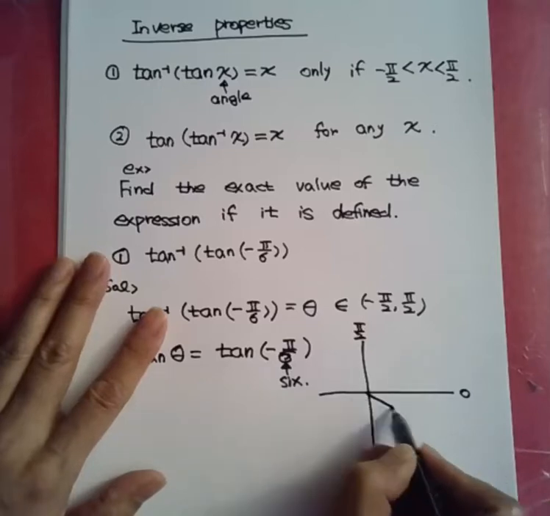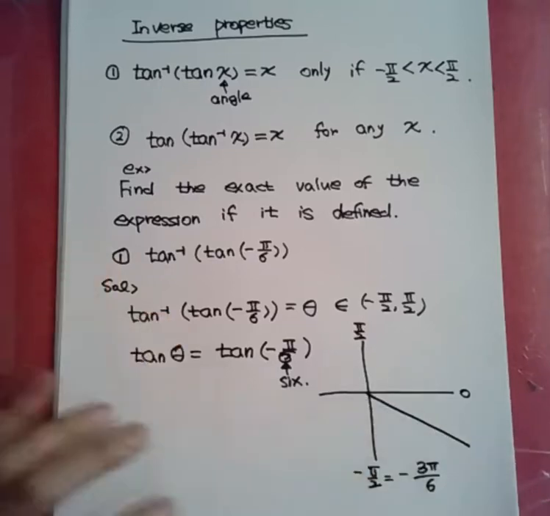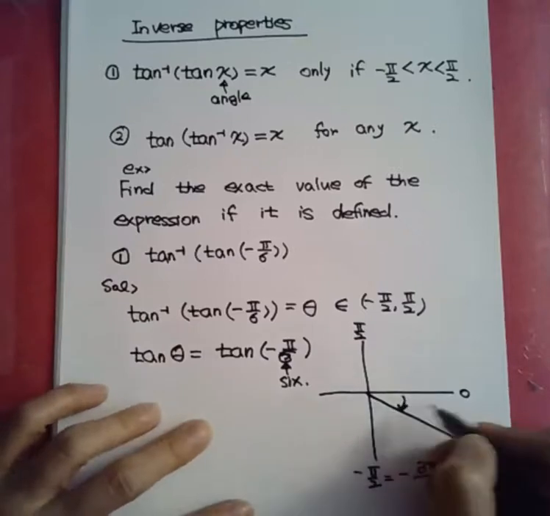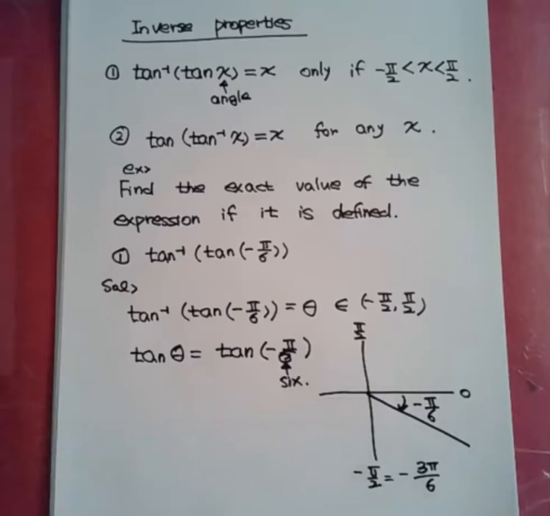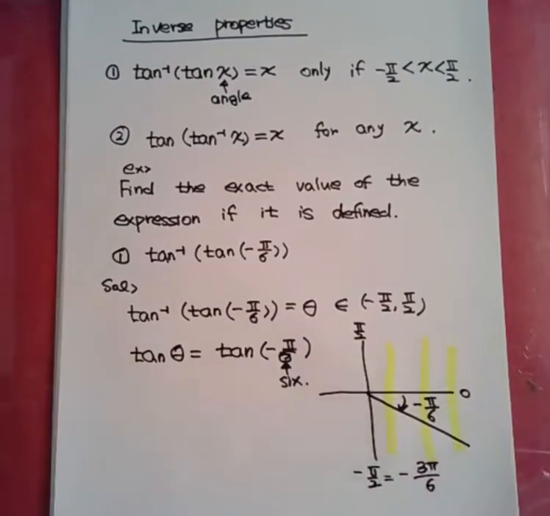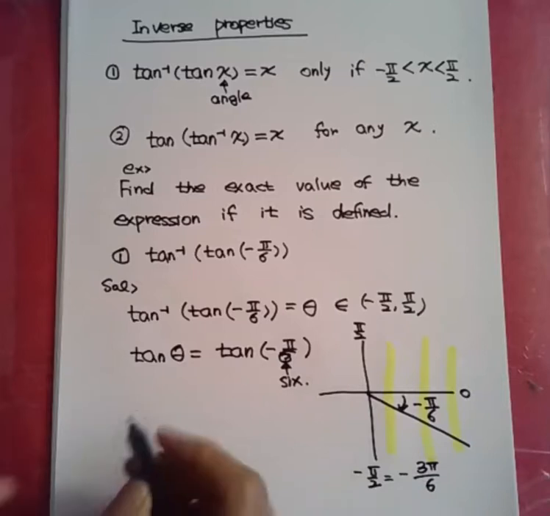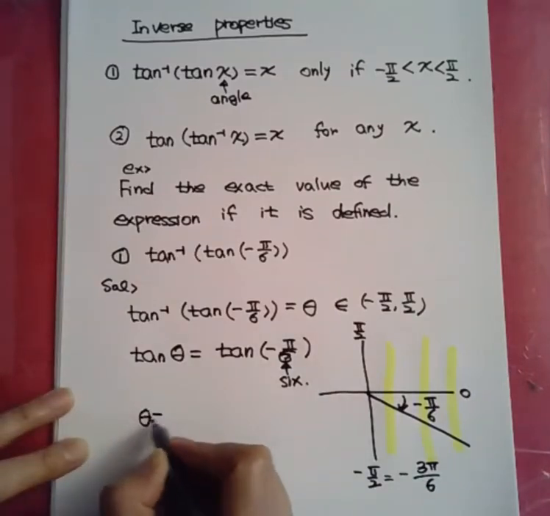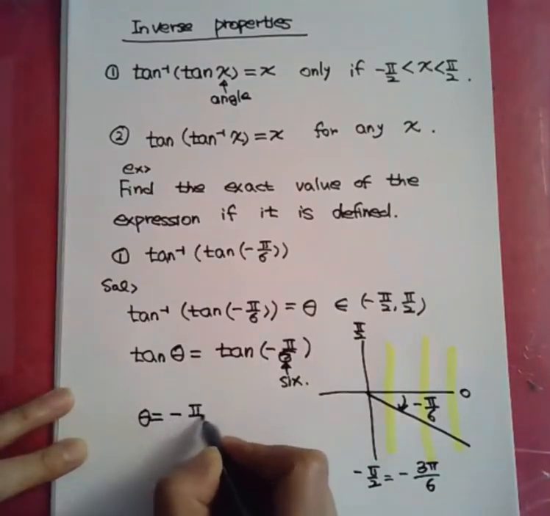So that's in the fourth quadrant. And this is minus pi over 6. So that's in the range of the inverse tangent function. So there is no problem. And theta becomes minus pi over 6.